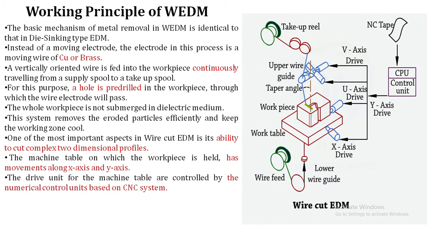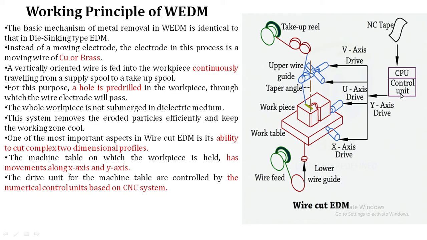Next, the drive units for the machine table are controlled by the numerical control unit based on the CNC system. We already discussed that part. Here there is the NC tape. Through that NC tape, whatever instructions you give to the control unit, according to that programming, instructions are given to the various axis drives like V, U, Y and X drives.